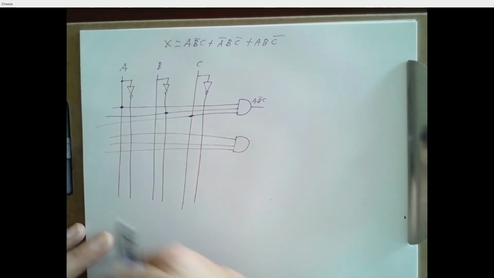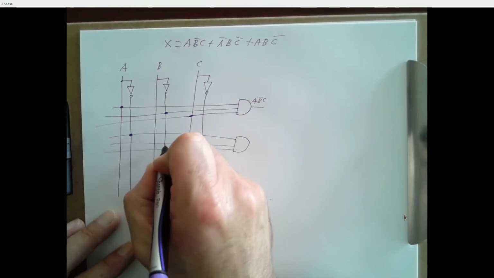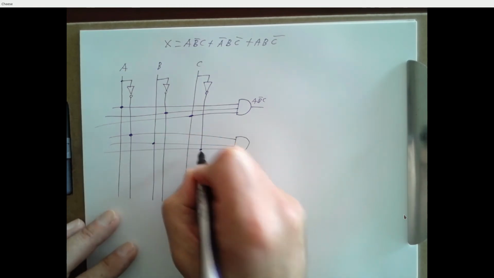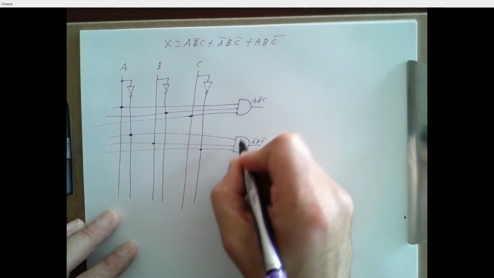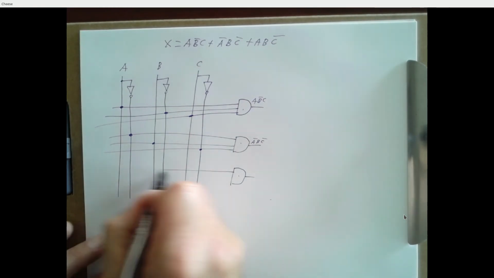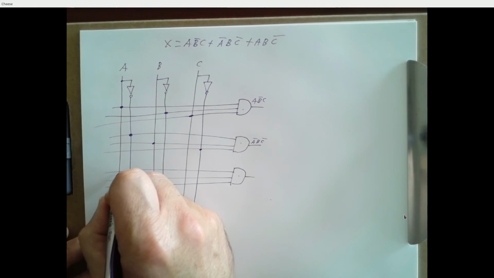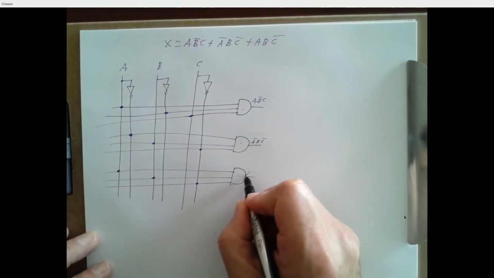And I'm just going to get lazy with my drawing. So A bar, B, C bar, and one more AND gate. And this is A, B, C bar.